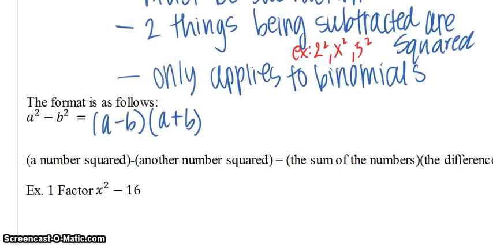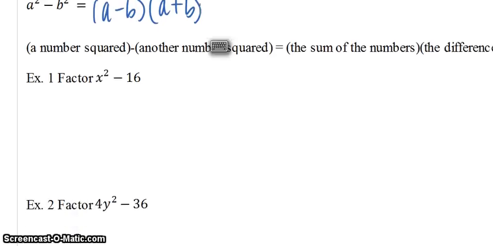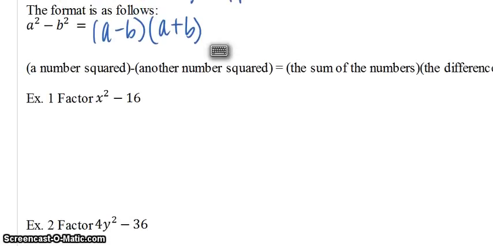So now we're just going to factor. We see here: factor x squared minus 16. Let's figure out what a is and what b is, because once we figure those out, we can factor super easy. In this case, x is being squared, minus 16.